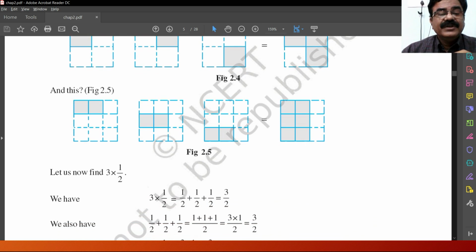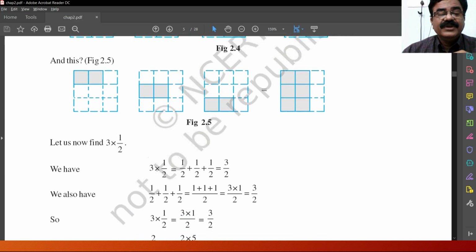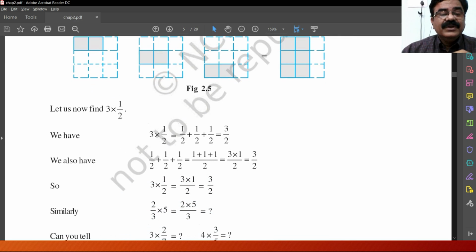If you multiply 3 into 1 by 2, that can be written as 1 by 2 plus 1 by 2 plus 1 by 2, that is 3 by 2. Finally it will be 3 by 2, and you can write it as 1 and 1 by 2.